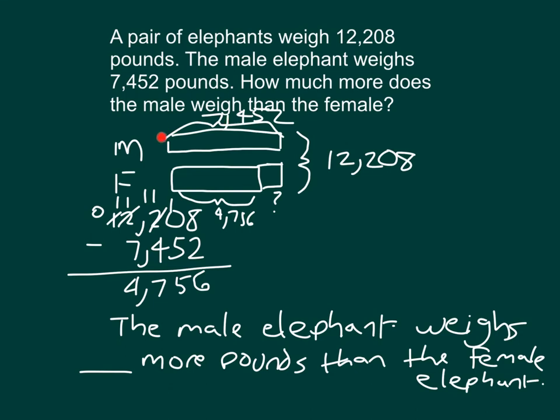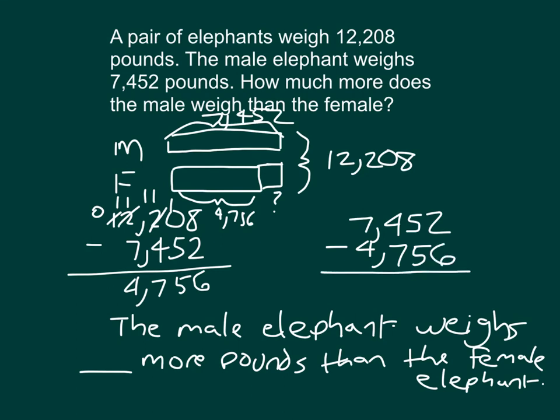How much more the male weighs than the female, which is this amount right here. So we figure that out by taking the weight of the male and doing what? Right, subtracting the weight of the female, which we just figured out as 4,756 pounds.